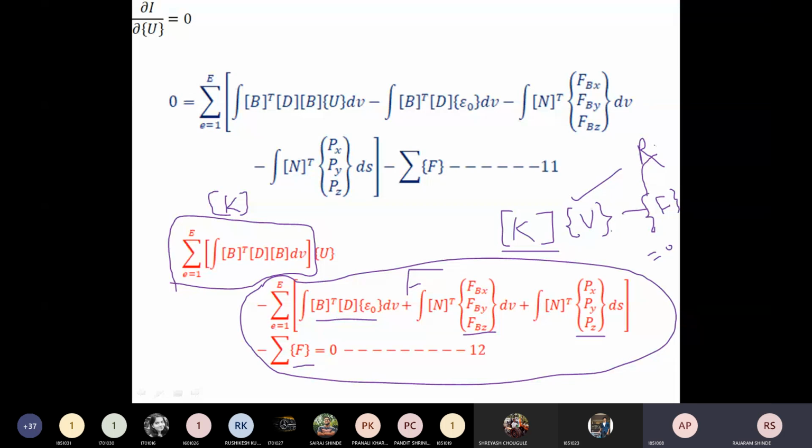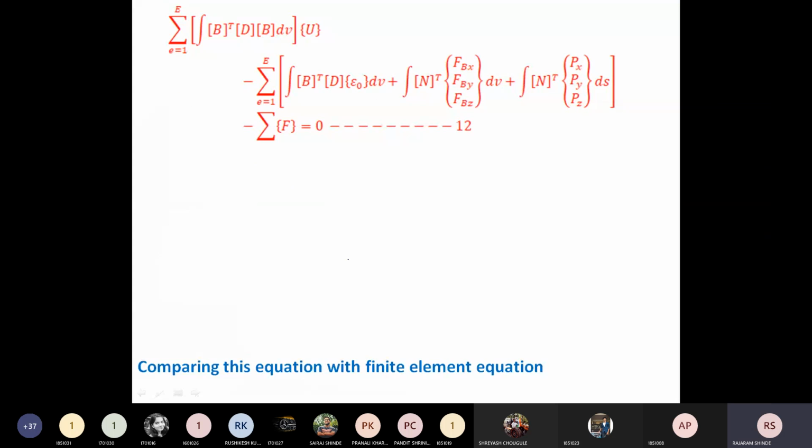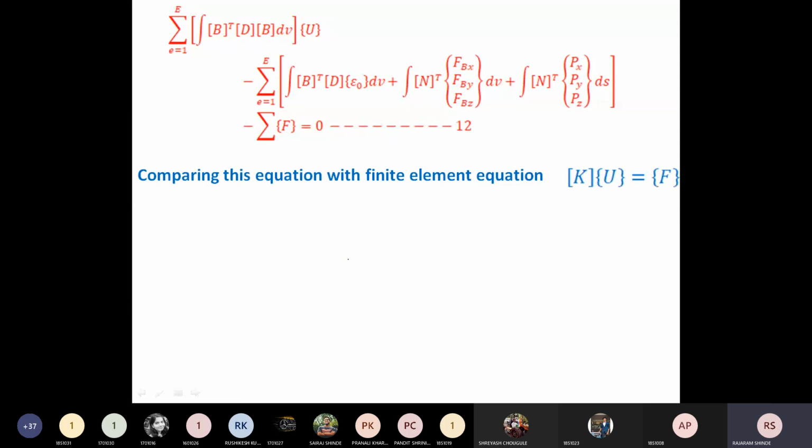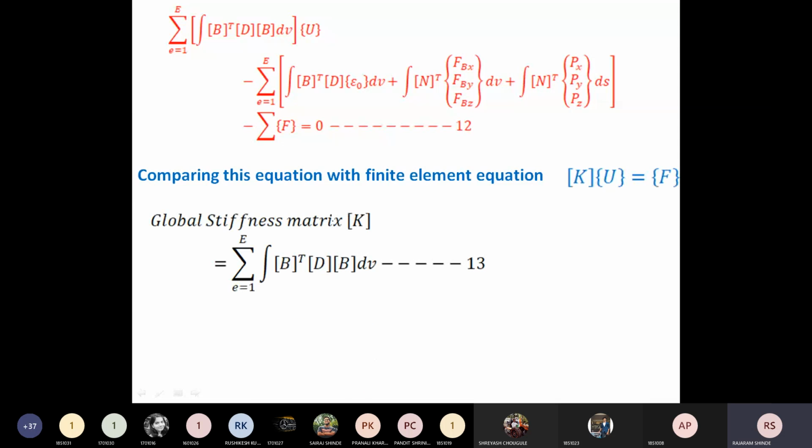So when we compare this equation with the finite element equation, here you will get this one. You will get the global stiffness matrix K is equal to summation of B transpose dB dV. That is this term from here to here. Okay, we agree with this.